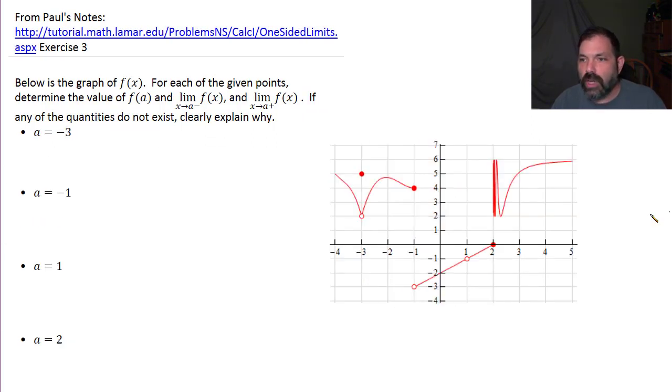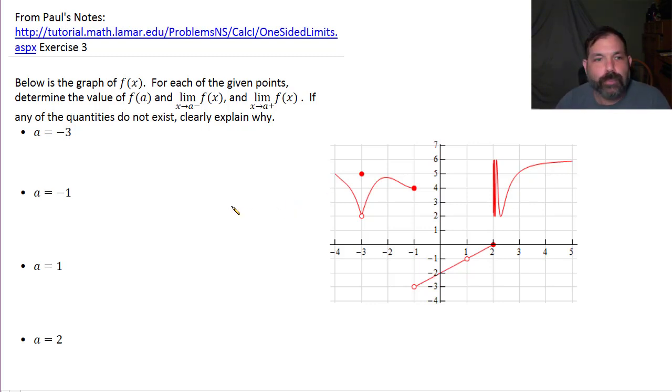All right, here's another example. Now would be a good time to pause. Try this exercise out on your own. All right, and I won't write down all the notation for these. F of a, if a is negative 3, the output is 5.